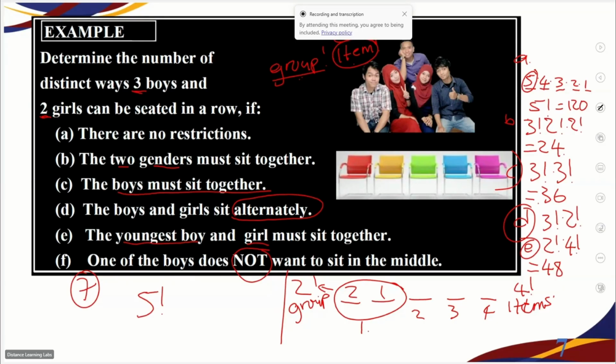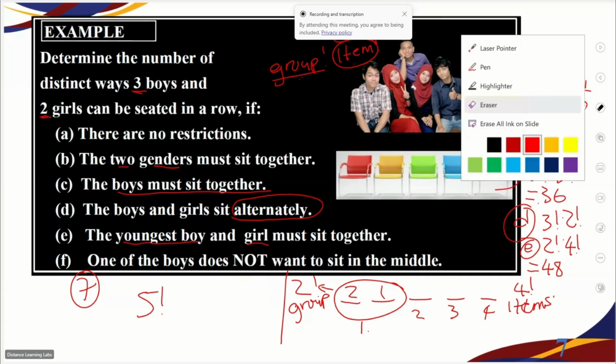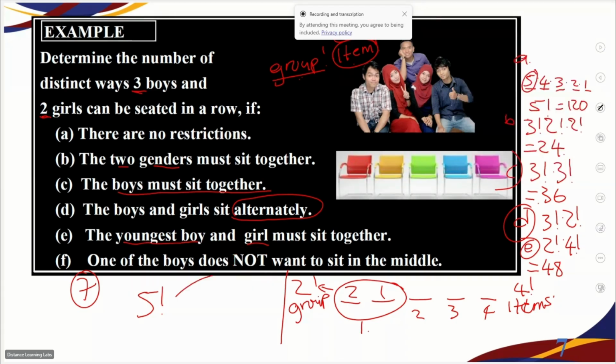And in the 5 factorial ways, in the 120 ways that they can sit, there are 2 possibilities. Possibility number 1, there is a chance that that boy can sit in the middle.